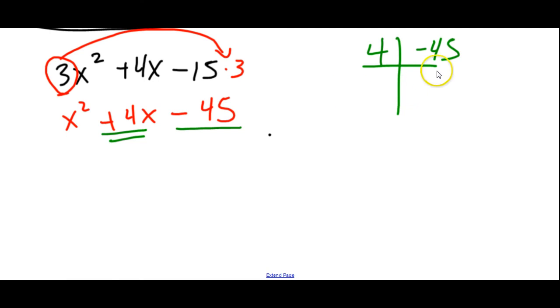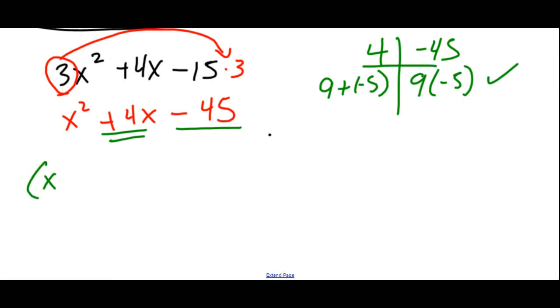Alright, so let's check this. 9 times negative 5 will give you negative 45, so that's good. 9 plus negative 5 will give you positive 4, so we're good. So we have our factored form. We have x plus 9, x minus 5, right? So far so good. Now we need to take this and use the divide method.